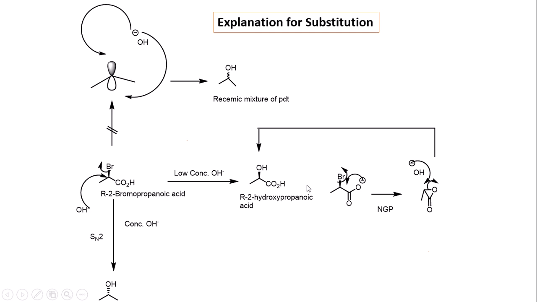intramolecularly via the NGP reaction. Here, the carboxylate anion is formed, and this carboxylate anion undergoes intramolecular cyclization to give the cyclic ester, and then this cyclic ester undergoes cleavage to give the R-2-hydroxypropanoic acid.